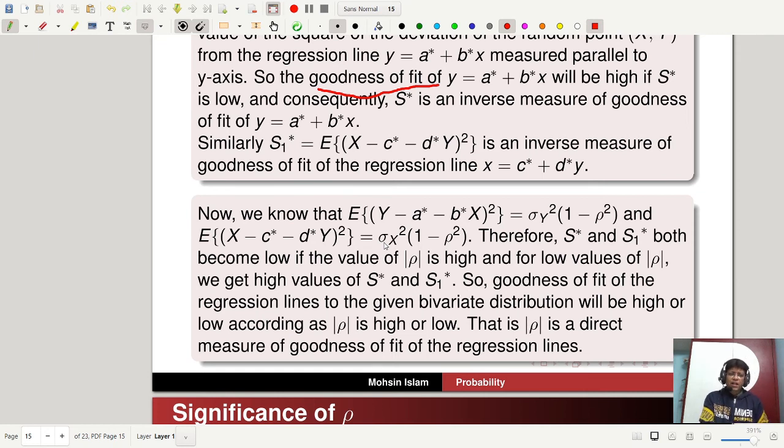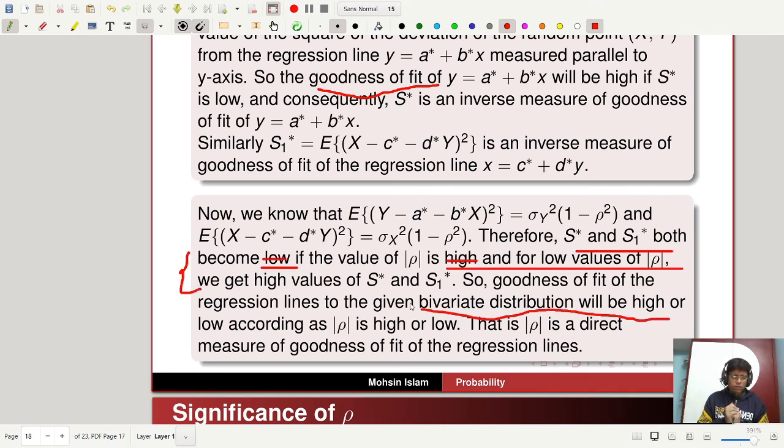Therefore, a star and S1 star both become low if the value of mod rho is high, because this expression depends on rho. And for low values of mod rho, we get high values of a star and S1 star, because that directly depends on rho, the correlation coefficient.